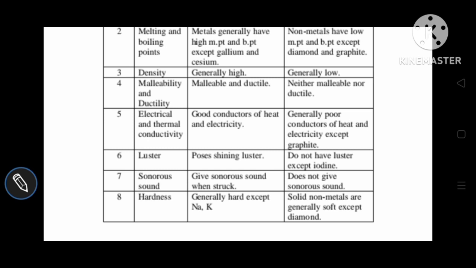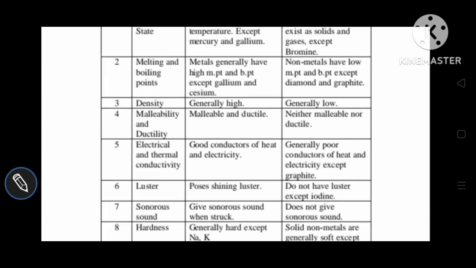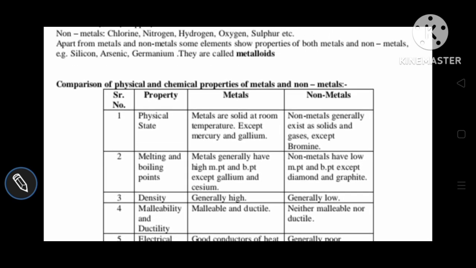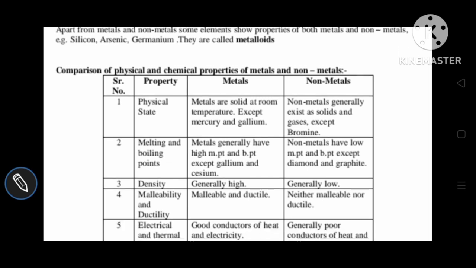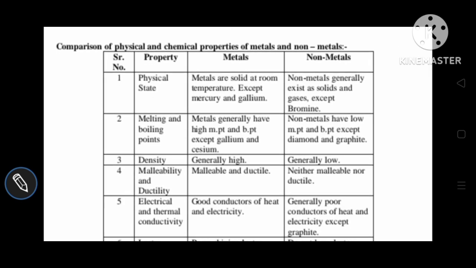So in the exam, questions can be asked as which is the liquid non-metal, or which one is the liquid metal, or which non-metal does not have low melting point and low boiling point.